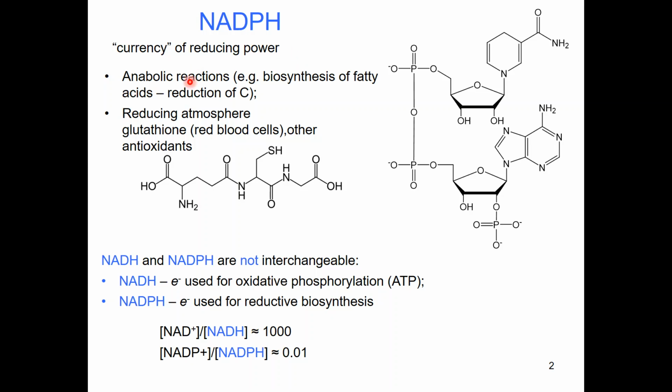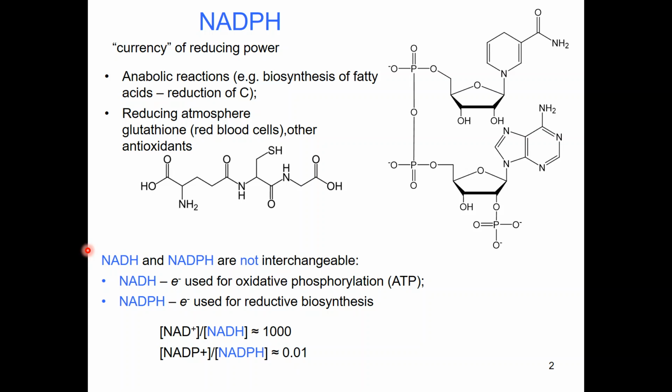Specifically in the red blood cell, glutathione, this tripeptide which you can see here, needs to always be in its reduced form with the reduced thiol group of cysteine. And in order to keep it reduced in an atmosphere where you have oxygen, you need to have a lot of NADPH that helps keep glutathione reduced.